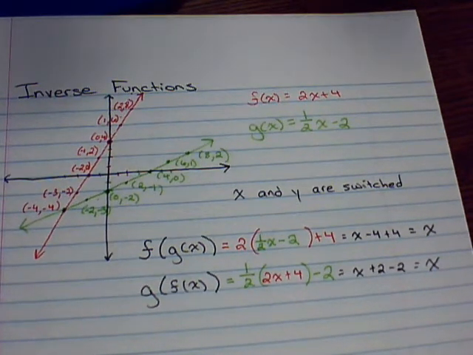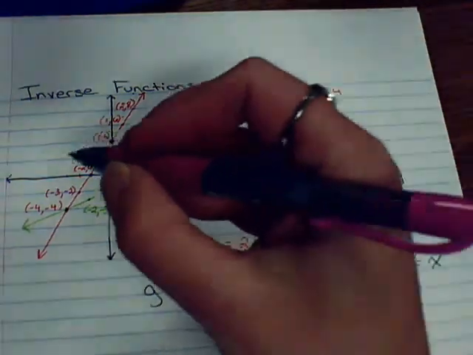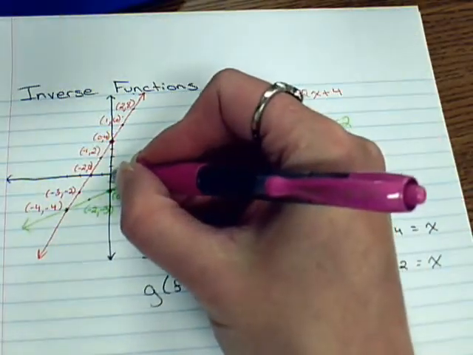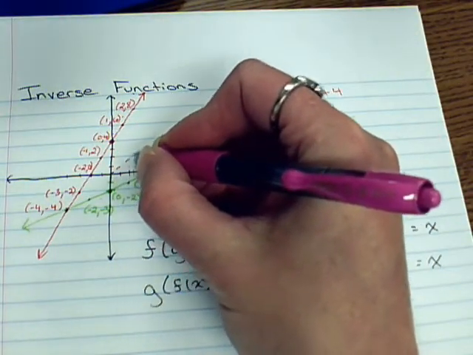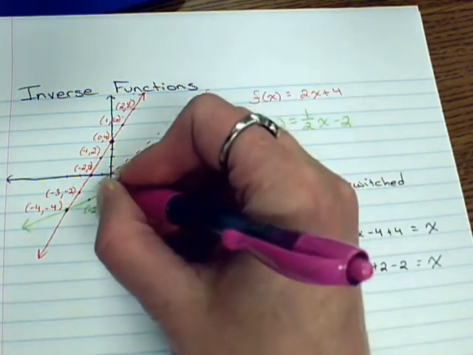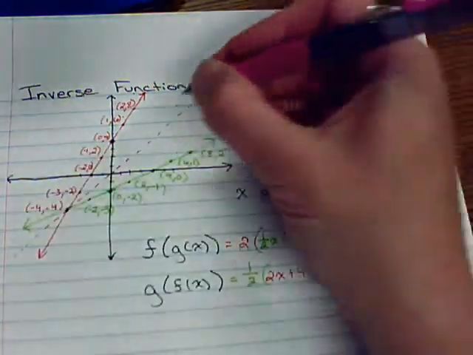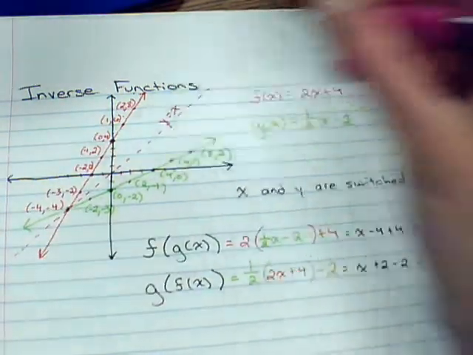Now, there's another really neat thing about the graph I want to look at. If I draw in the line y equals x, which is our parent function for linear functions, look at what happens. That's the line y equals x.